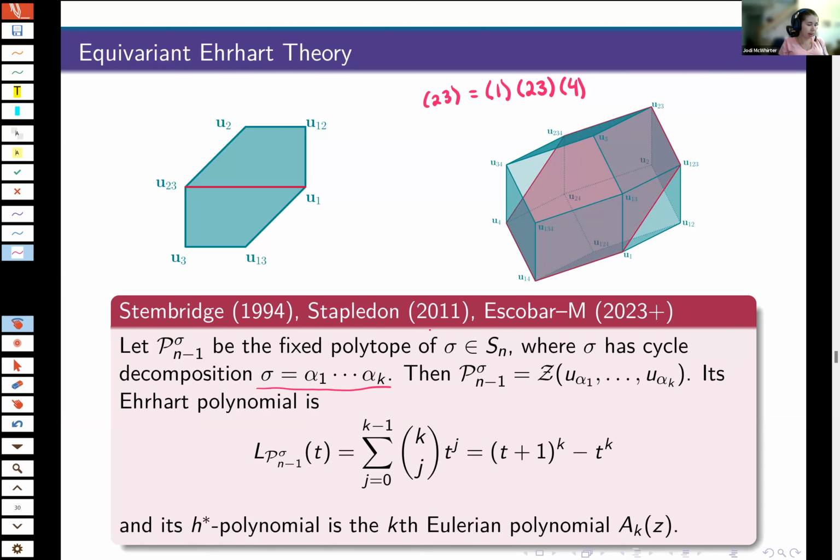But I think he had the H-star polynomial. And then it's just a direct computation from that to get the Ehrhart polynomial. So our real contribution here was a precise description of what the fixed polytopes are.